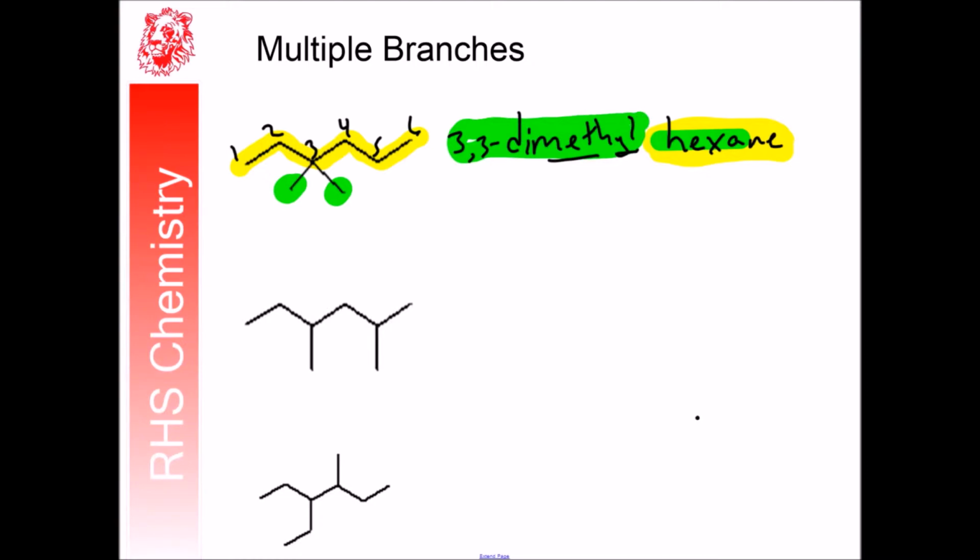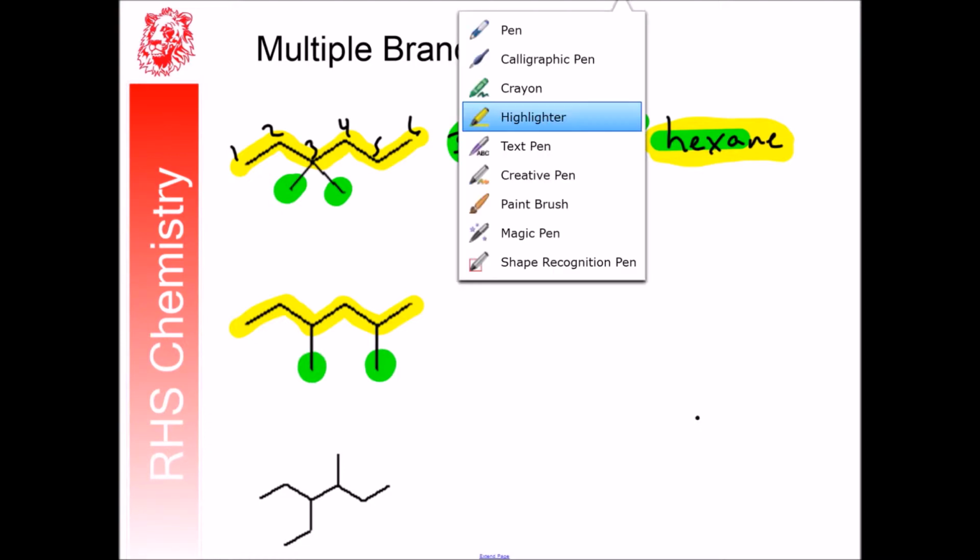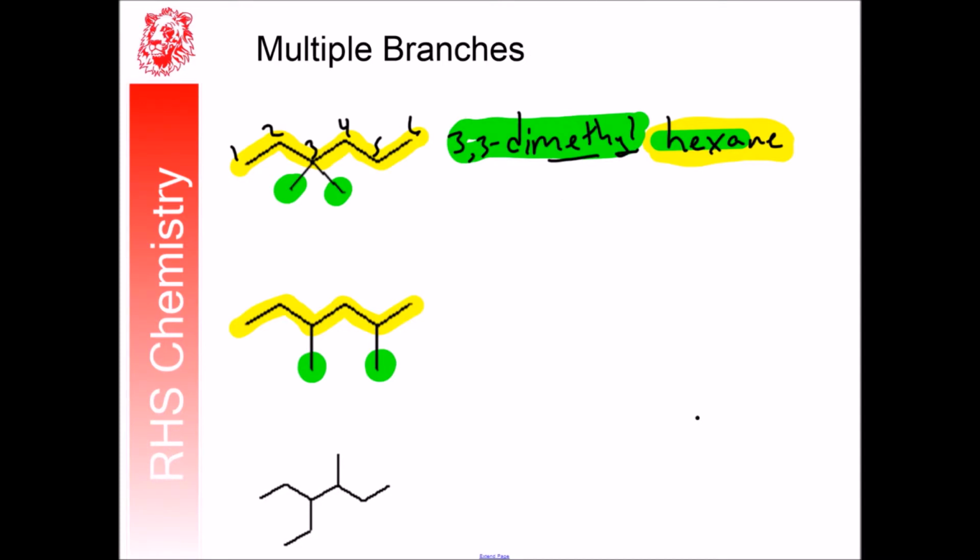Compare that to down here where I would have my continuous parent chain and then a 1-carbon branch there and a 1-carbon branch there. So I'm going to count 1, 2, 3, 4, 5, 6.